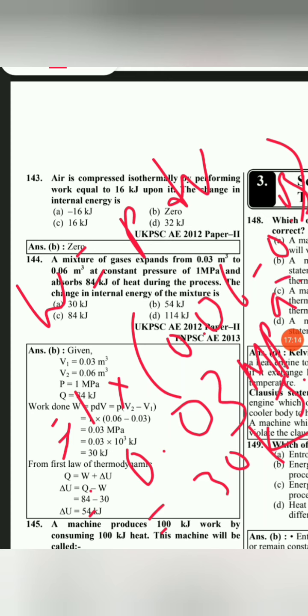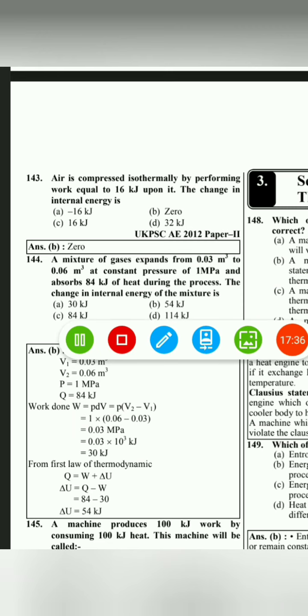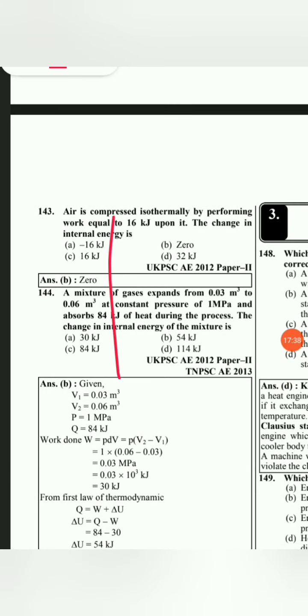See, it is not in megapascal, because pressure is in megapascal and the volume change is in meter cube. If you simplify this, it comes out in kilojoule when multiplied with 10 raised to 3. If you simplify all those things, we get the final answer: the work done is 30 kilojoule.